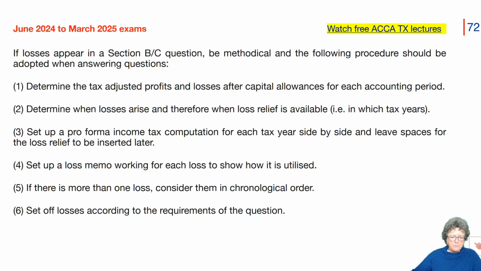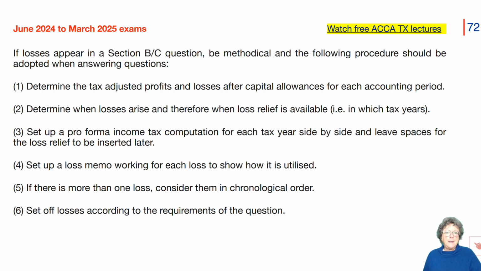So just some more notes to help with this. If a loss appears in section B or C, be methodical and use the following process. I've explained this before, but I'm going to explain it again because it's important. Determine the tax adjusted profits and losses after capital allowances.